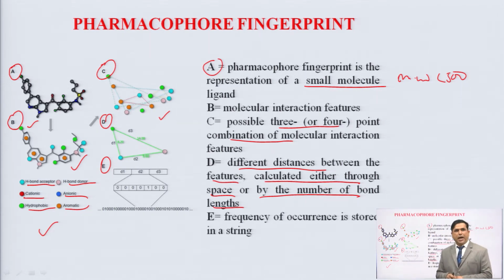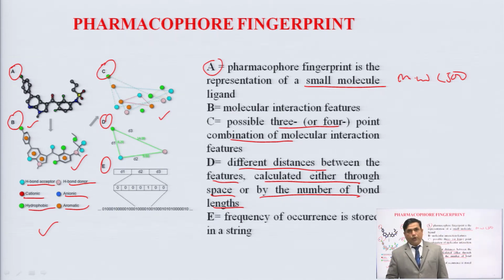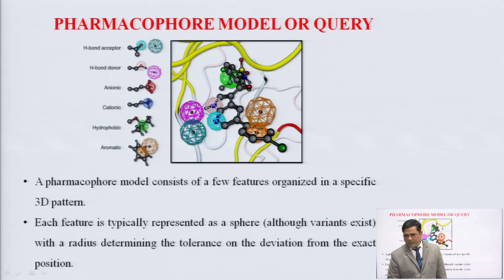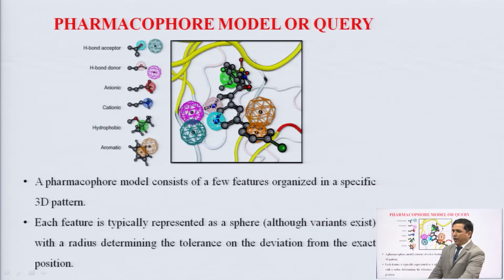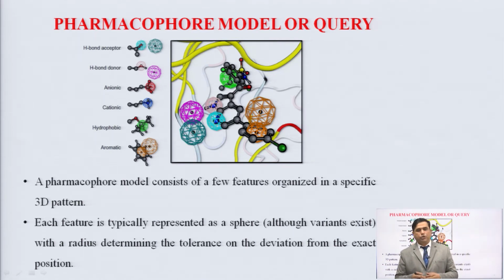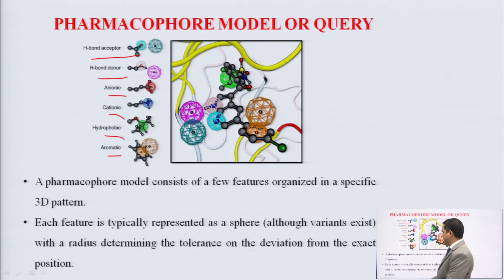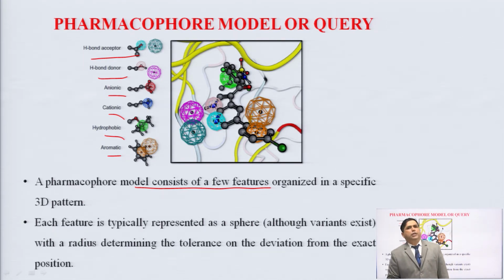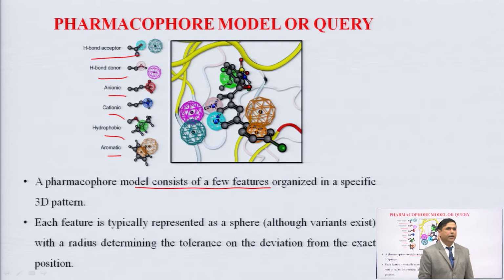The last one is the frequency of occurrence, which is stored in a string. Now, this is the pharmacophore model or query. In a pharmacophore model, the different features like hydrogen bond acceptor, donor, anionic, cationic, aromatic, consist of a few features organized in a specific 3D pattern.